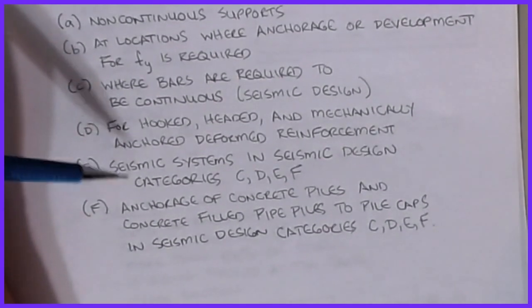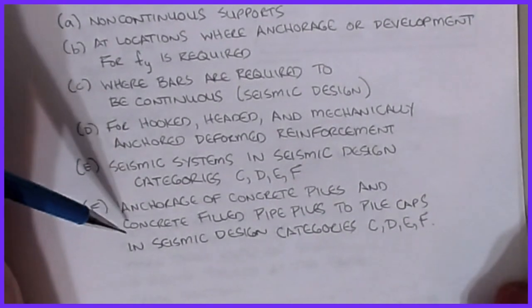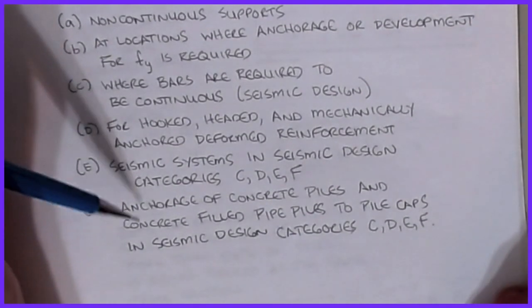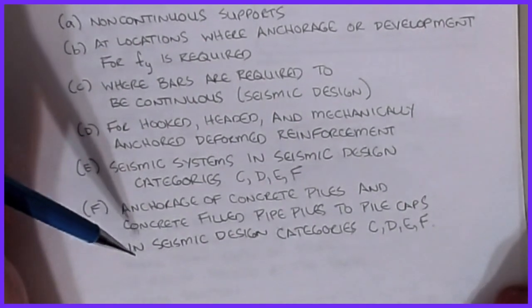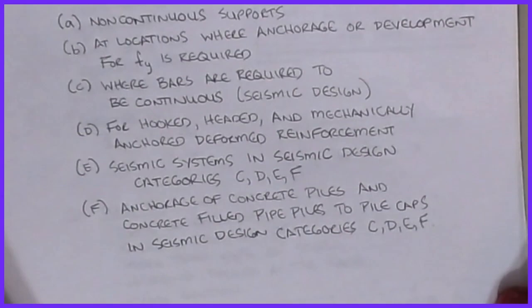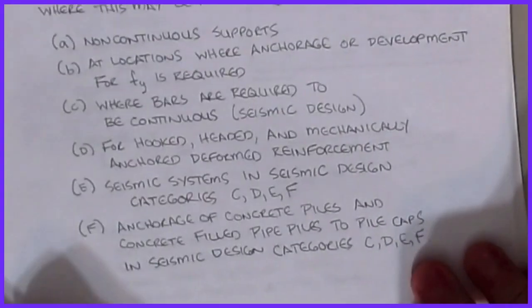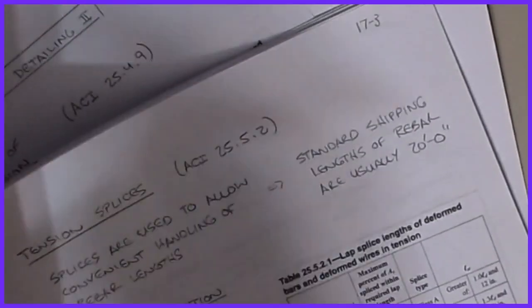So by all means, don't use these provisions to try to do a seismic design. And then the last one is anchorage of concrete piles and concrete filled pipe piles to pile caps. Again, this is a seismic provision. They don't want the pile cap breaking off of the pile that's connected to it. So those are some of the reasons you can't, but otherwise, you are allowed to reduce it.